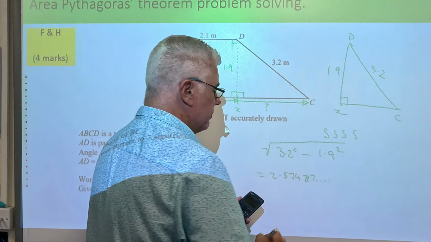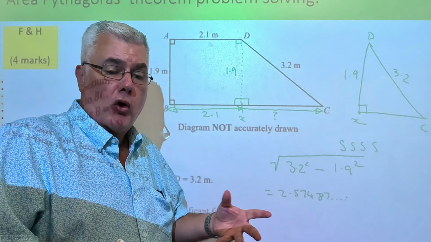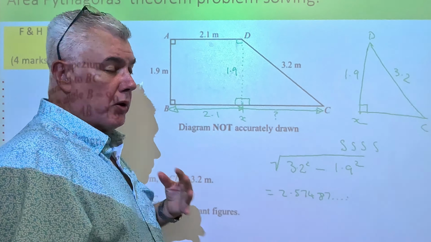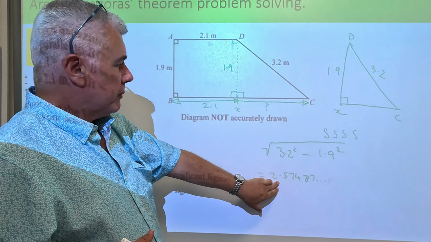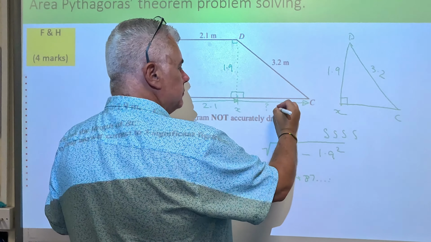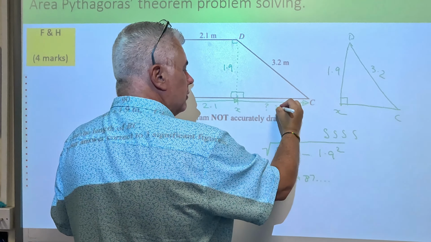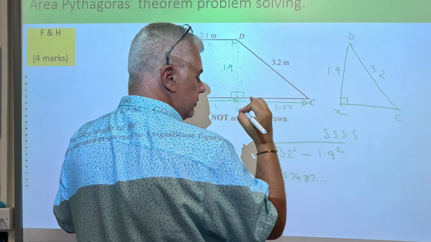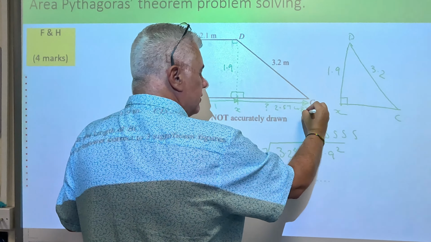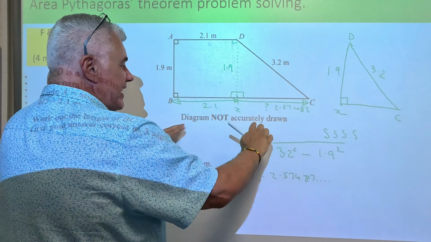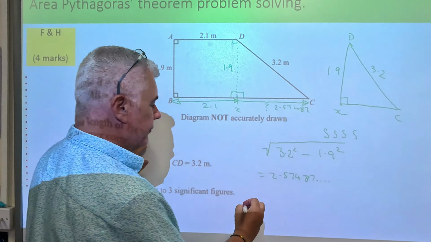2.57487 and some numbers at the end. I've not rounded. I'm not going to round till the very end. I don't want to introduce a rounding error. So I'm going to put this there, 2.57487. So this length is these two added together.